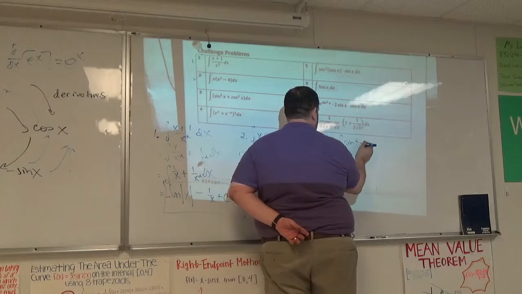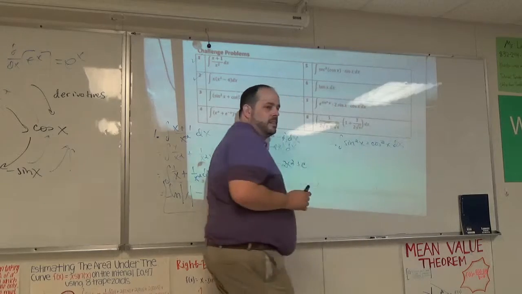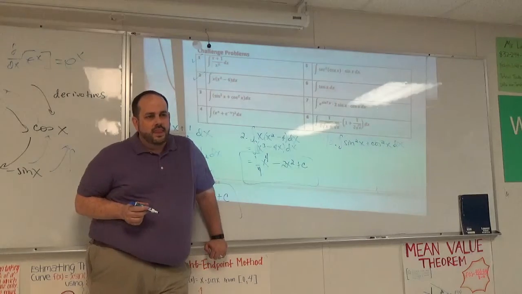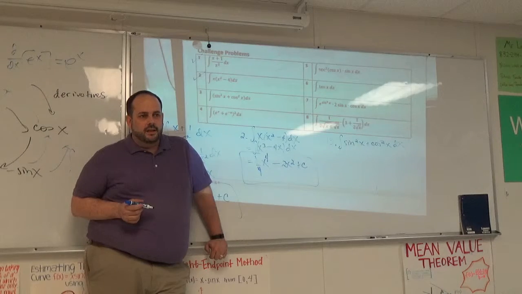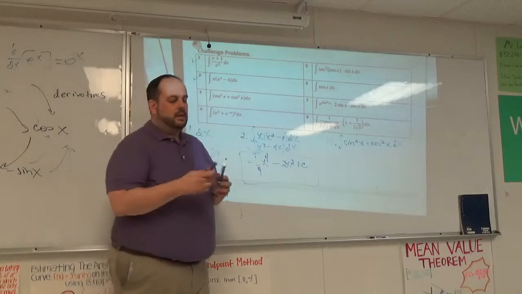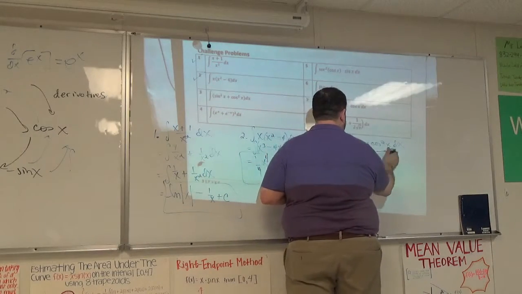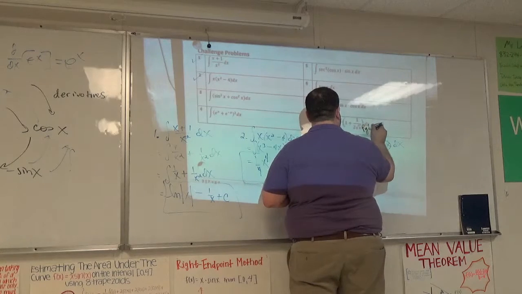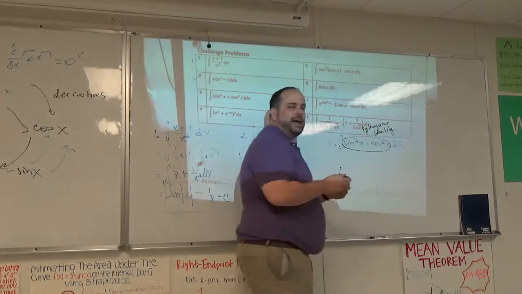So Victoria, what were you saying about number 3? Sine squared of x plus cosine squared of x is equal to 1. It's called the Pythagorean Identity. That was one of those identities that you really needed to work on way back in the days of trig.